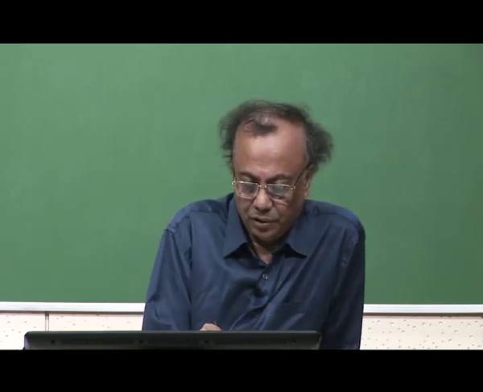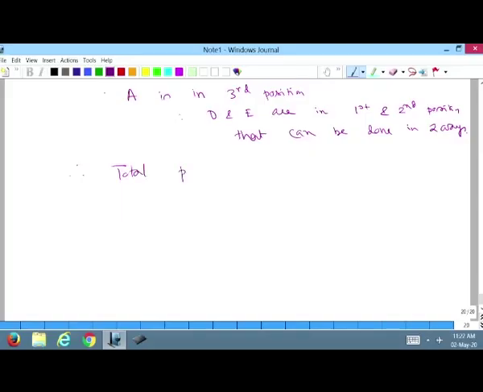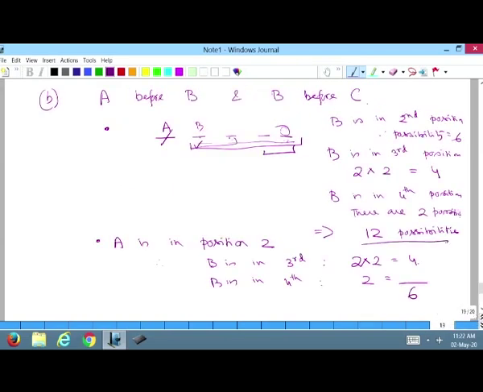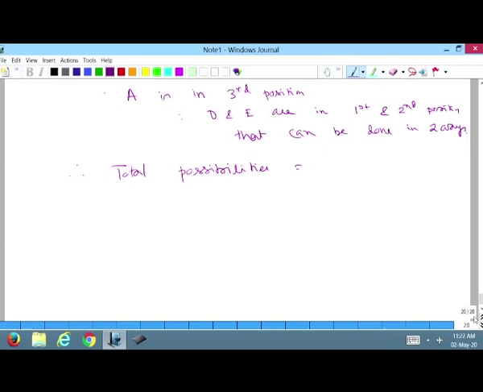Therefore, total possibilities is equal to 12 plus 6 plus 2, which is equal to 20.